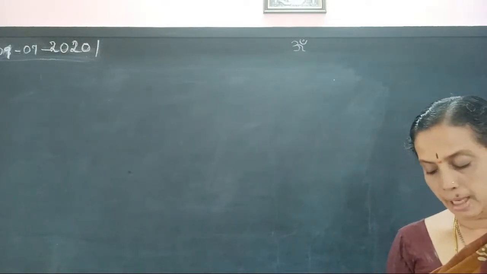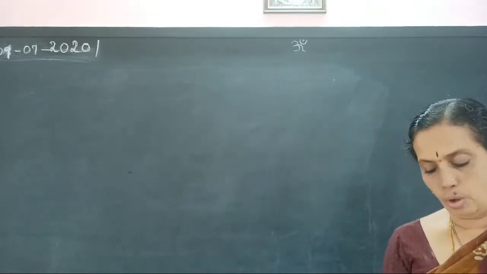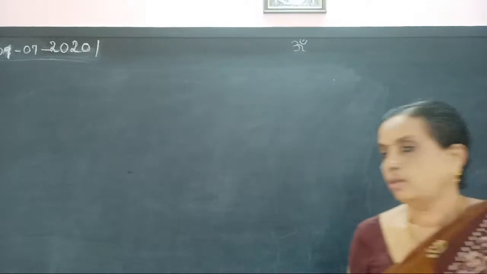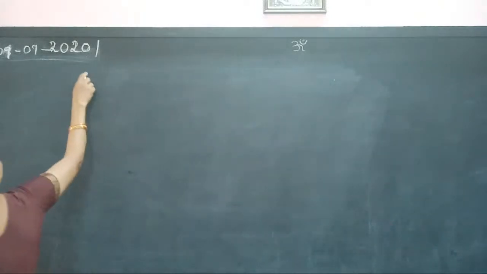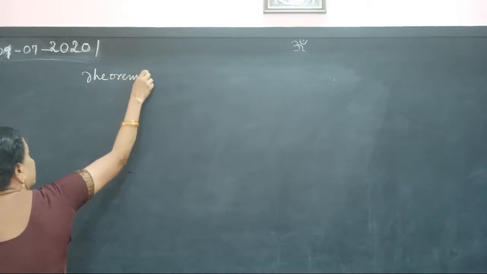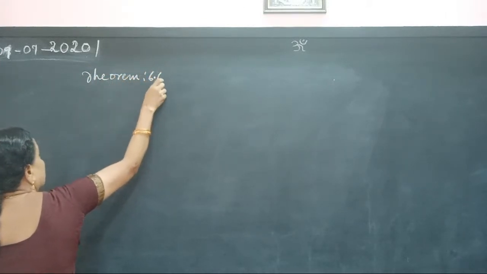Lines which are parallel to the same line are parallel to each other. Theorem 6.6. Take the theorem 6.6.